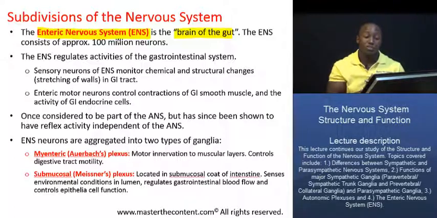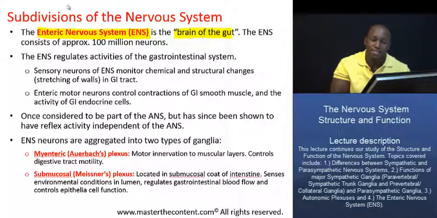I know I've said that so much throughout this lecture. So how does it do this? It monitors and senses chemical changes in the lumen of the gastrointestinal tract. It also detects structural changes in the walls of the gastrointestinal tract, for instance, stretching.